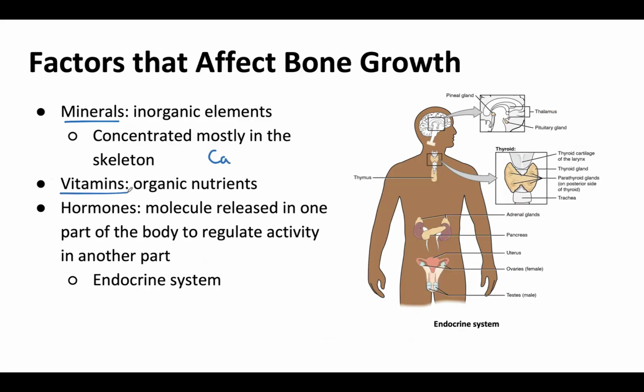Vitamins are organic nutrients that are important in maintaining growth and natural metabolism. And then lastly, but very importantly, we have hormones. Hormones are molecules that are released in one part of the body via specific glands, but they regulate the activity of other cells and other parts of the body.